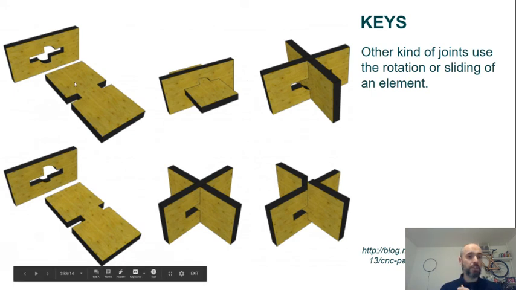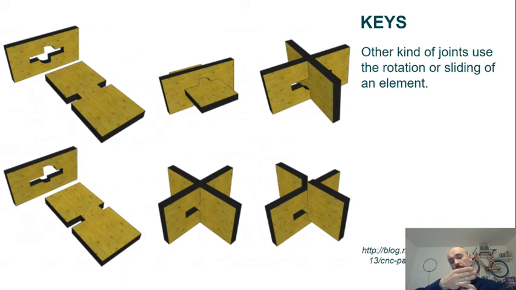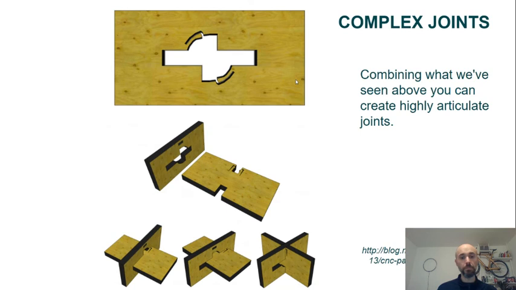You can see it here. This object slides in and then it rotates. After it rotates, it's not able to slide back anymore. So this is really a good way to assemble pieces and have them in the proper shape and in the proper position, and it stays like this easily.